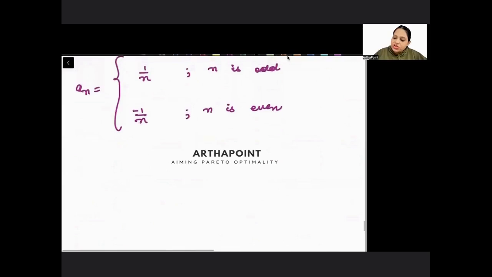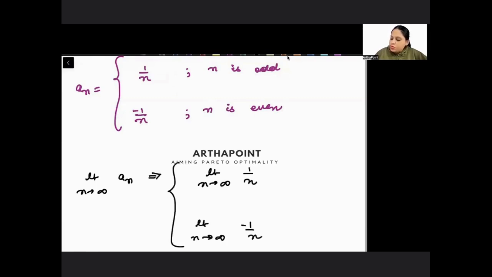How do we find convergence or divergence? We take limit n tends to infinity an. So it will be limit n tends to infinity 1 by n, limit n tends to infinity minus 1 by n. ये हो जाएगा when n is odd, when n is even.